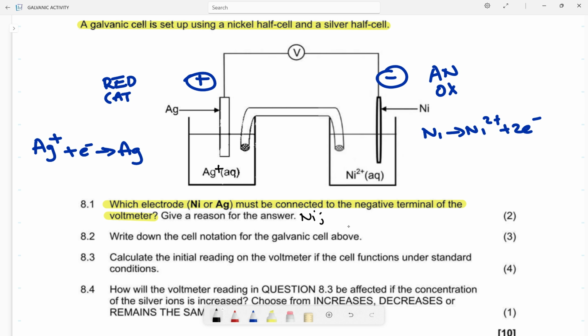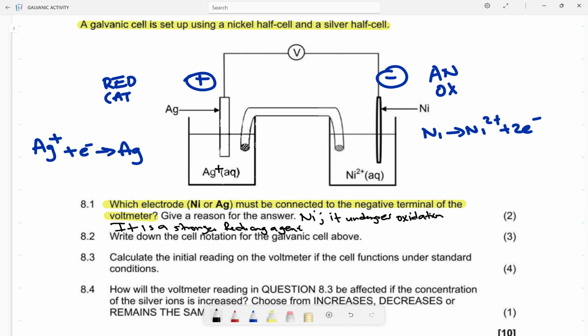The reason we say nickel is that it undergoes oxidation, or one might say it is a stronger reducing agent. Remember, a stronger reducing agent.